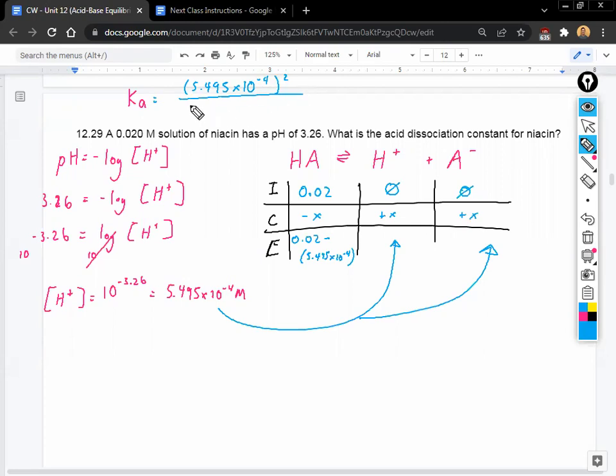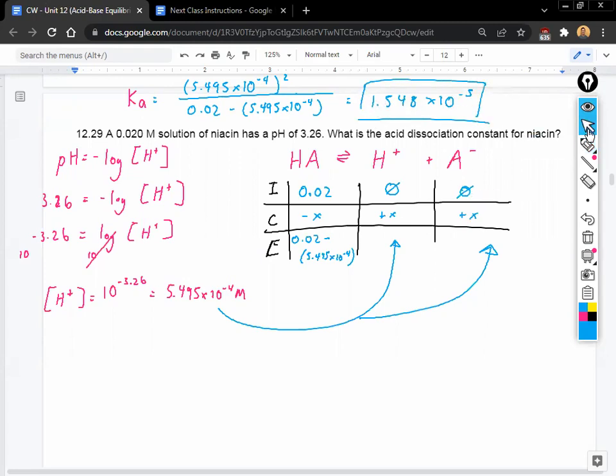And then we're going to divide that by 0.02 minus 5.495 times 10 to the negative 4. Okay. And then after that, we should get a final answer of 1.548 times 10 to the negative 5. I guess this is where I got that earlier.